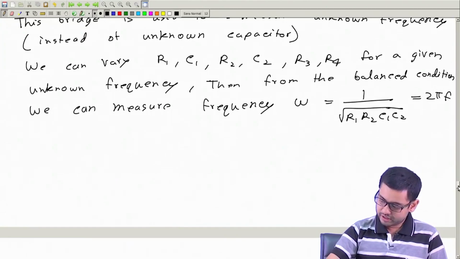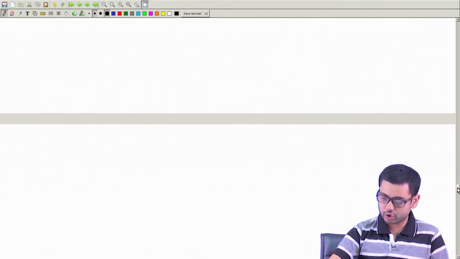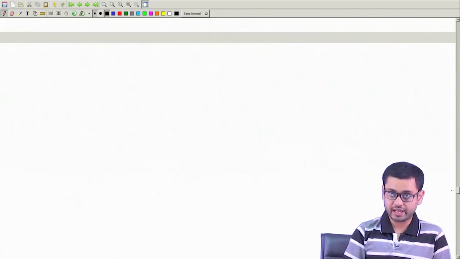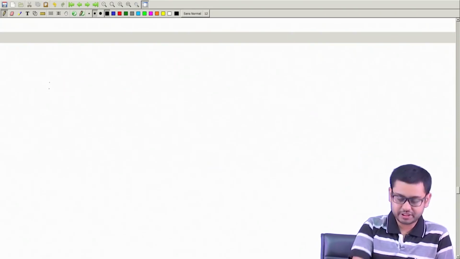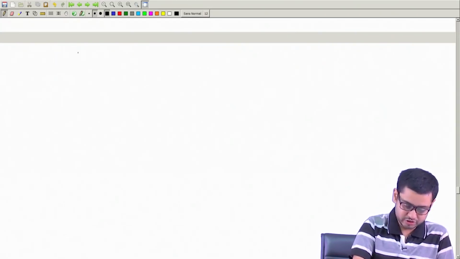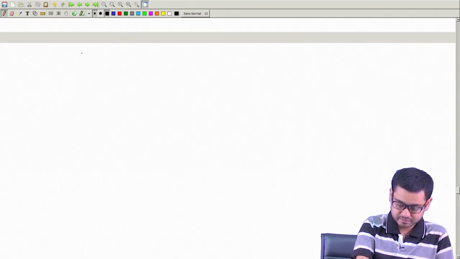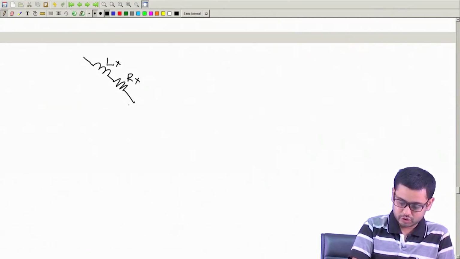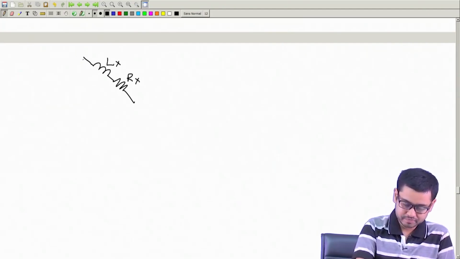Okay. Now, there are also other bridges which are again not simple product and ratio bridges. Let us see one such bridge which is very peculiar. So, this looks like this. This is an unknown inductor X, X for unknown.